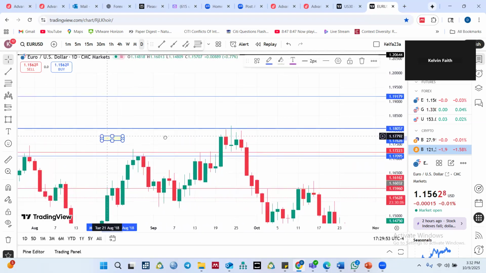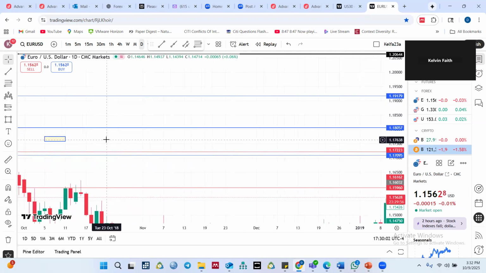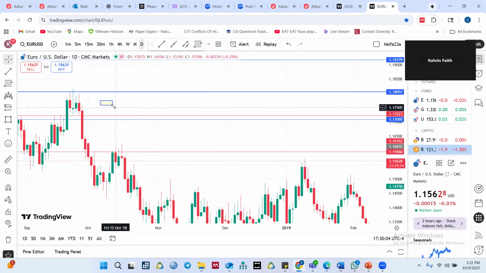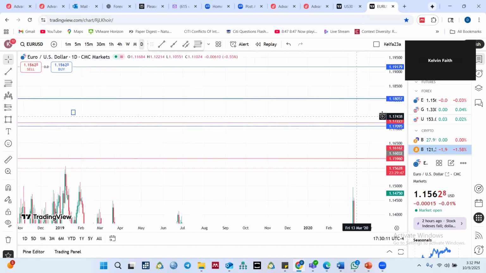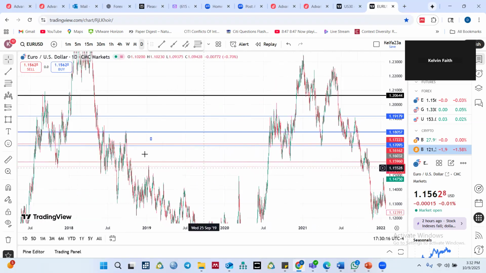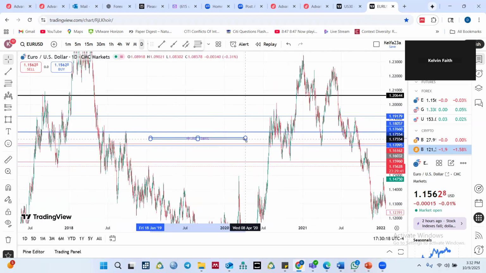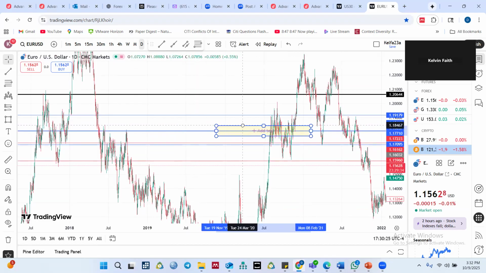And then later over the month, price comes back to it again here. Exactly the same thing happened. Then we keep moving forward, just paying attention to the blue line.